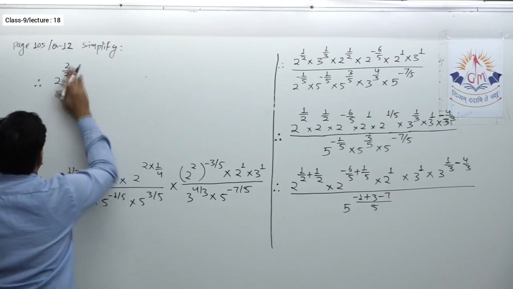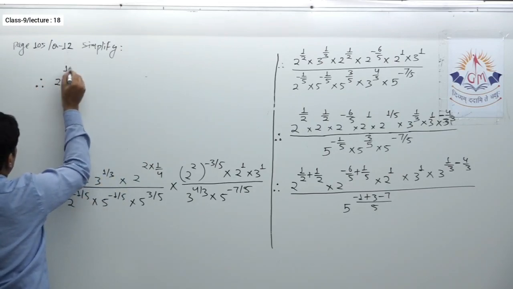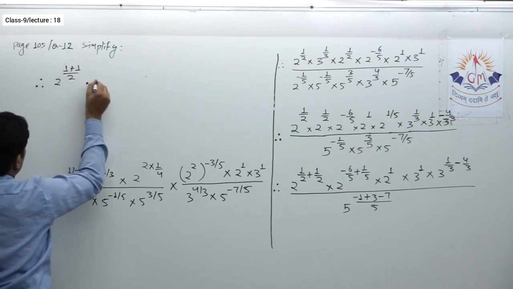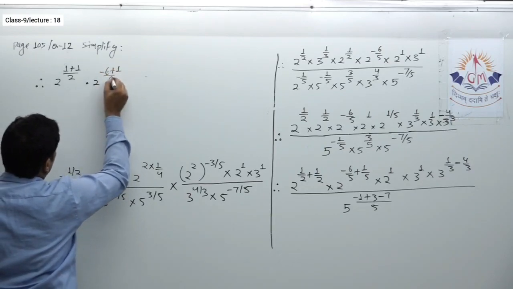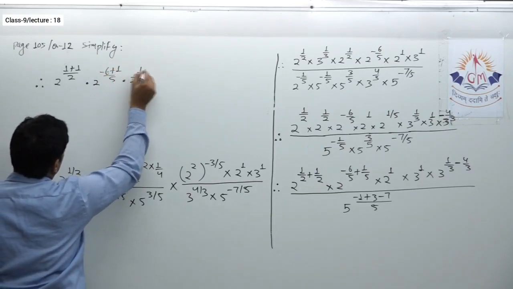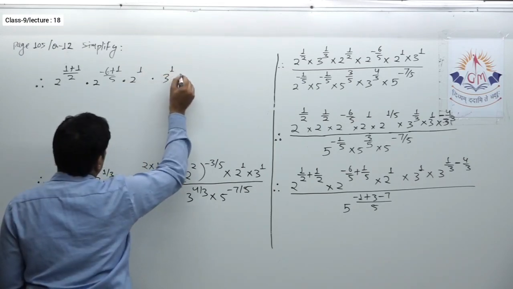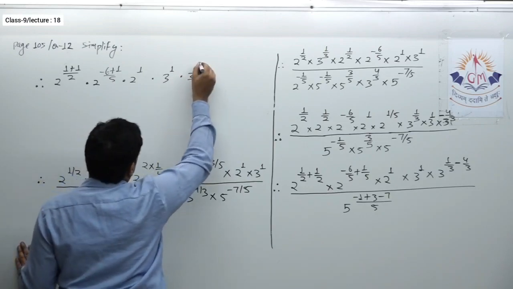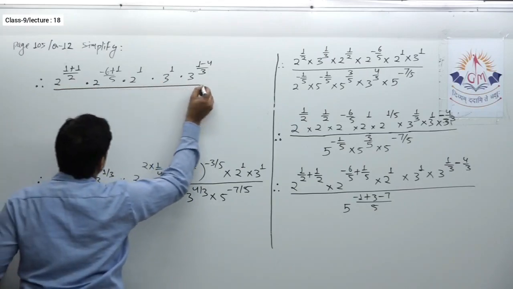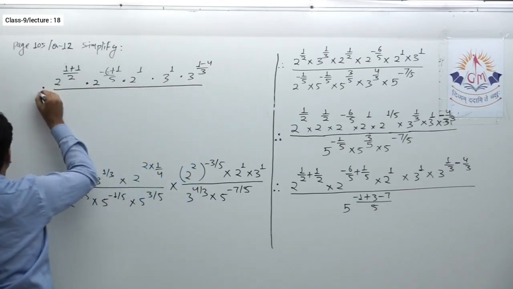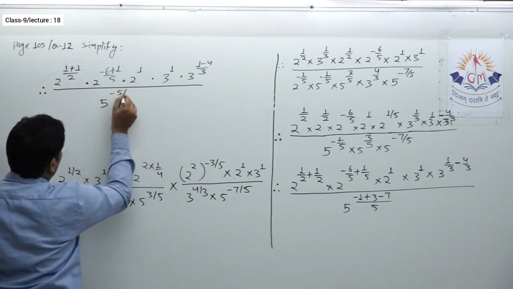Or if you want to add one more step, this will become 2 raised to 1 plus 1 by 2 into 2 raised to minus 6 plus 1 upon 5 into 2 raised to 1 into 3 raised to 1 into 3 raised to 1 minus 4 by 3, whole divided by, in the denominator we have 5 raised to minus 5 upon 5.